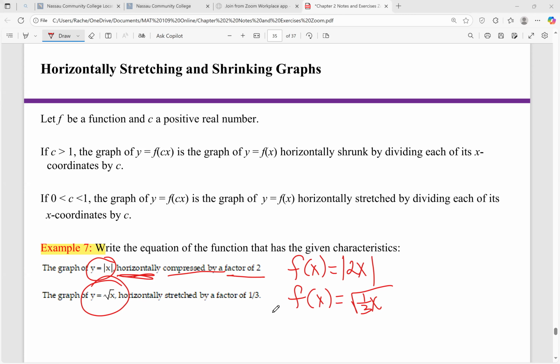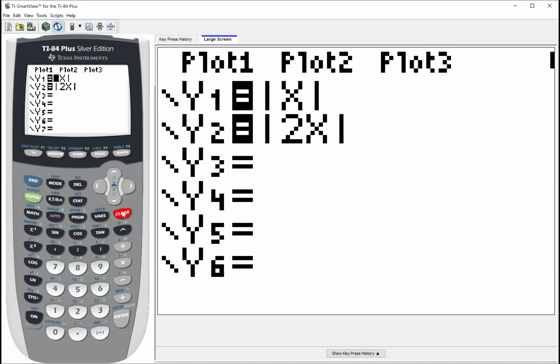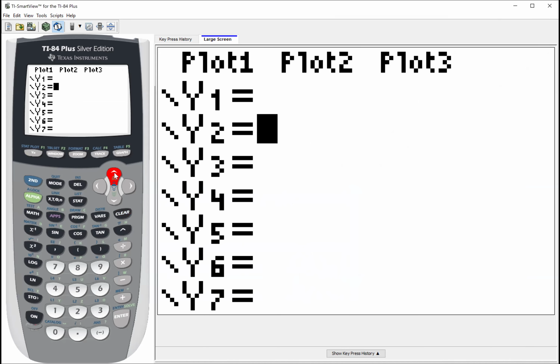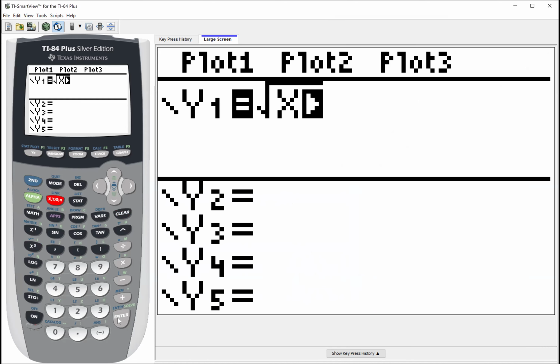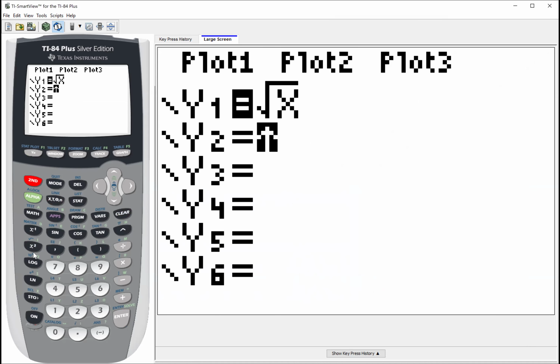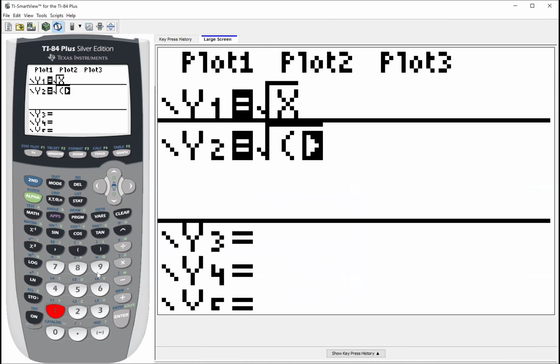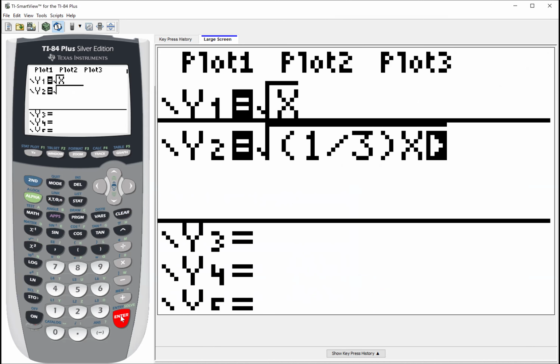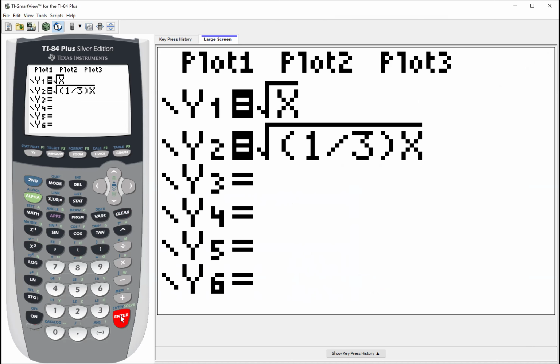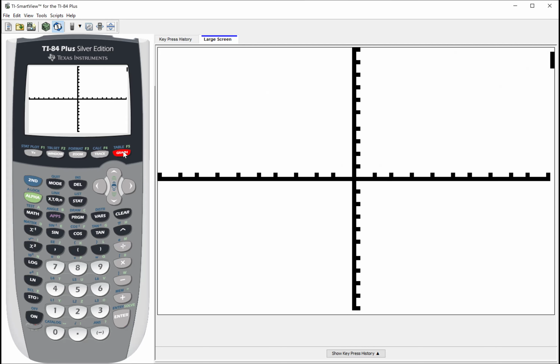So we'll graph this one. So square root of x versus square root of 1/3 times x. So there's square root of x.